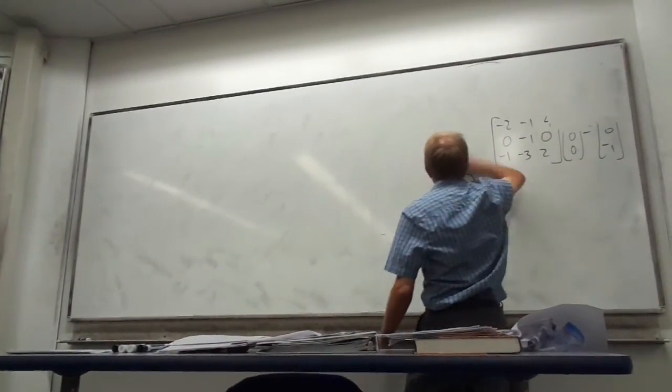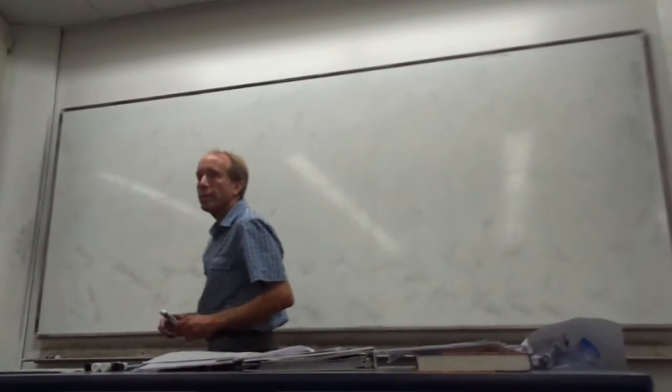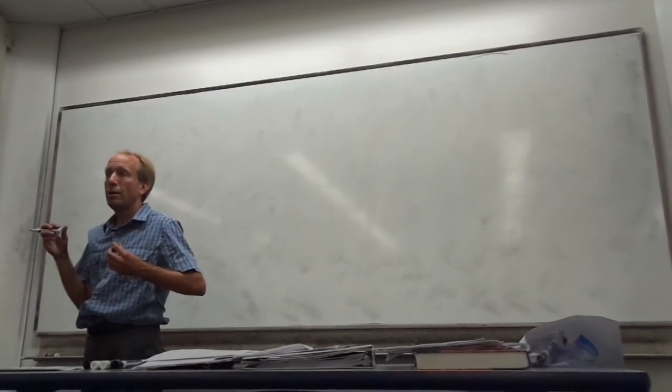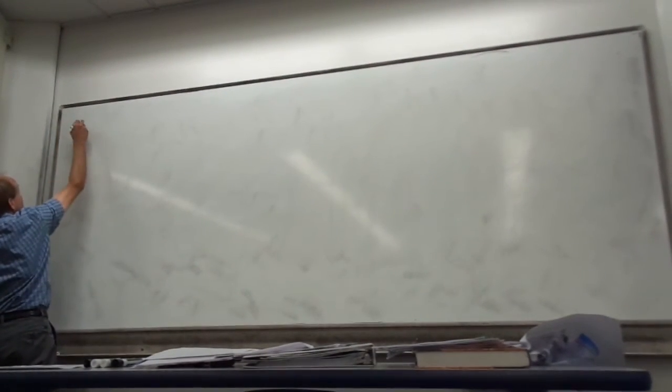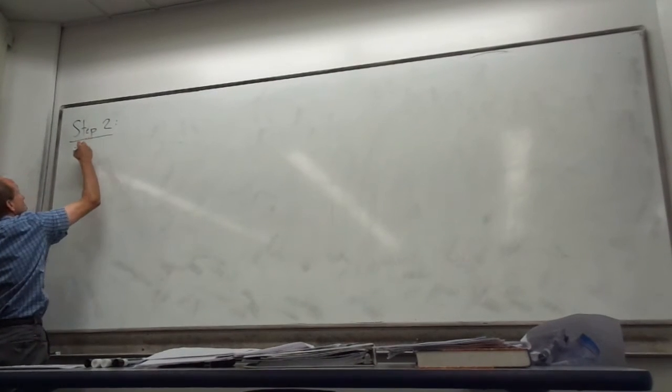So for step 2, can somebody remind me what I am going to need to do? I need to figure out the u1 and the u2, and the formulas for both of those require us to have the Wronskian. So I'm going to find the Wronskian next.